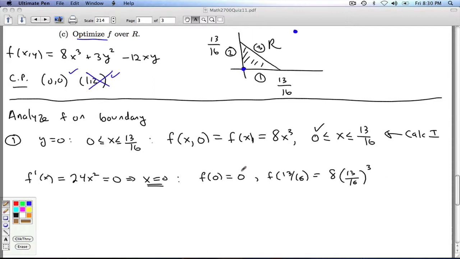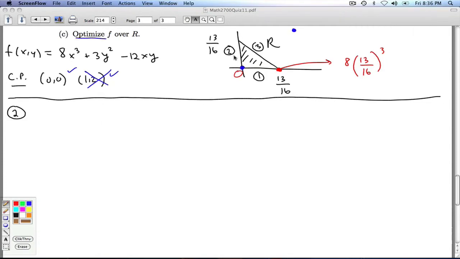Alright, so that's the minimum and maximum on that part. So I'm going to go up there in red and put those values in. So here I was at 0, and then here I had this ridiculous number. So that completes our analysis on boundary 1.